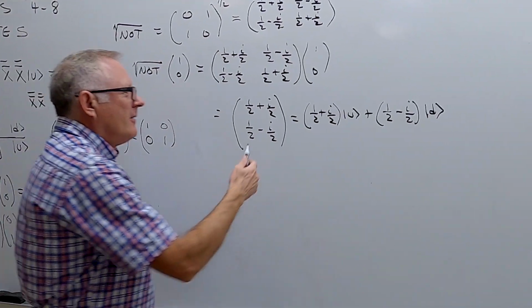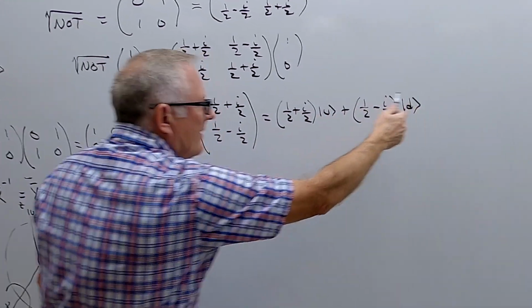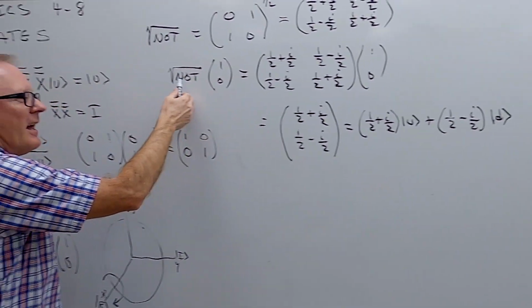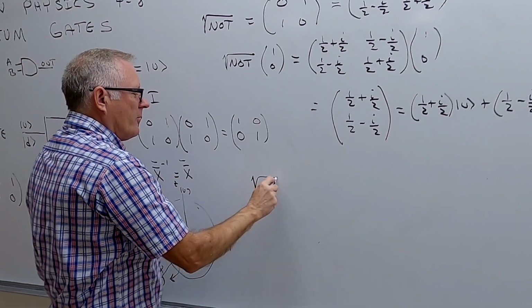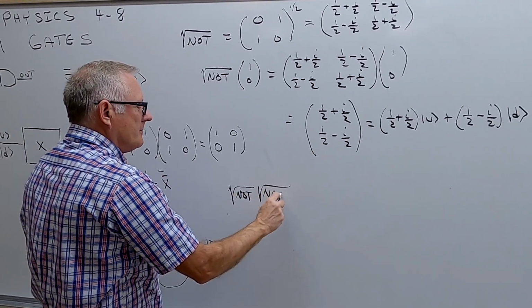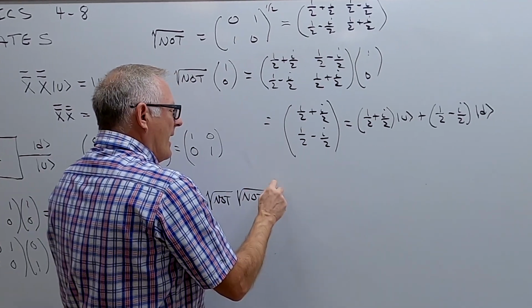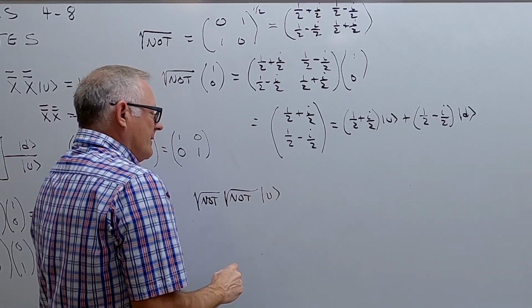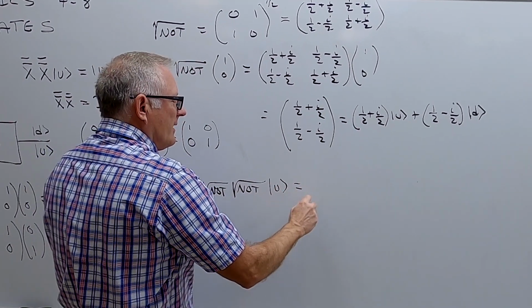Now I imagine if I took another square root of NOT acting on this, that means I'm taking the square root of NOT on the square root of NOT acting on up. I imagine this will give me what?